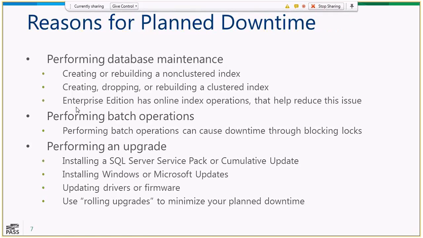If you have a standalone server and you want to reboot it, if it's not a VM, you might be down 20, 30, 40 minutes for that server to reboot and come all the way back up. Whereas if you've got something in place like failover clustering or database mirroring or an Always On availability group, you can use a rolling upgrade so that your actual downtime is much, much shorter.